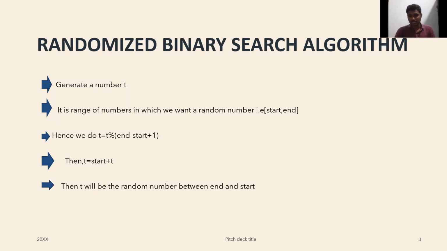Start is the starting index of the array, and end will automatically be t minus 1. So t will be a random number between the starting and the ending.